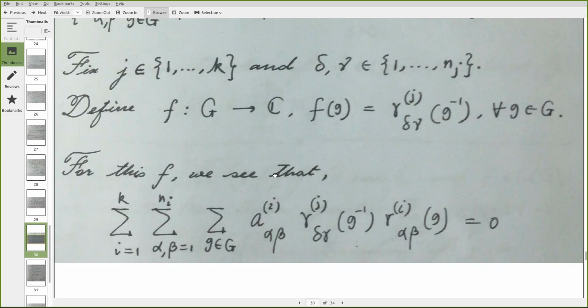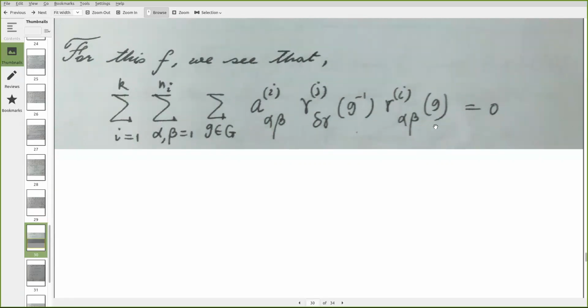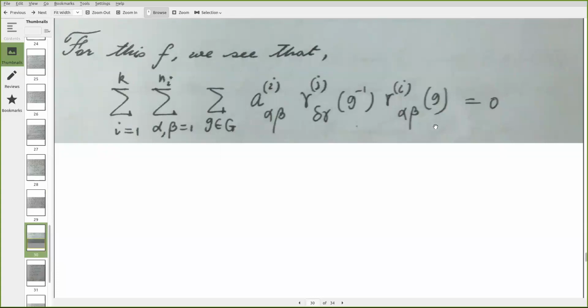Now let's observe that the left hand side, though it looks very complicated, is actually very simple in view of the relation between the matrix coefficients that we established immediately after Schur's lemma, as a corollary of Schur's lemma itself. So let's observe what this is.